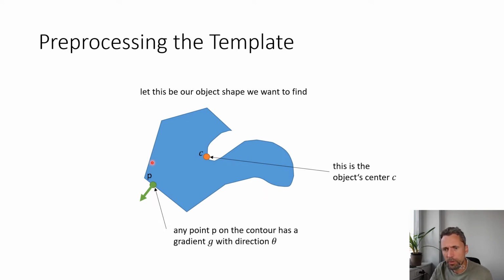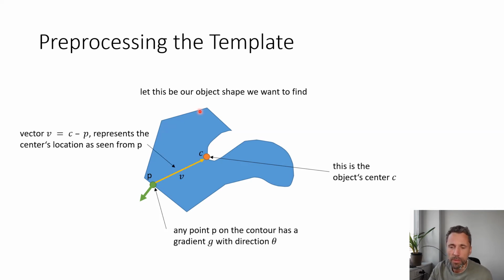And we do that for all points on the contour. We then calculate the relative location of that point P, the relative location of the center of the object from the perspective of point P.